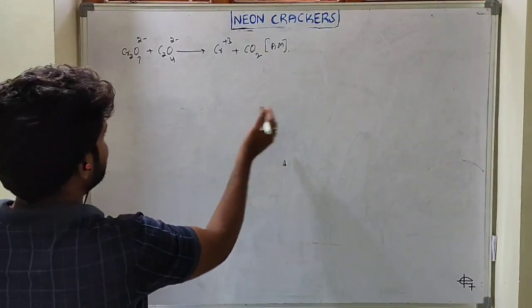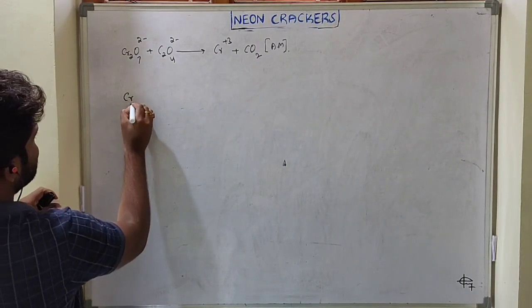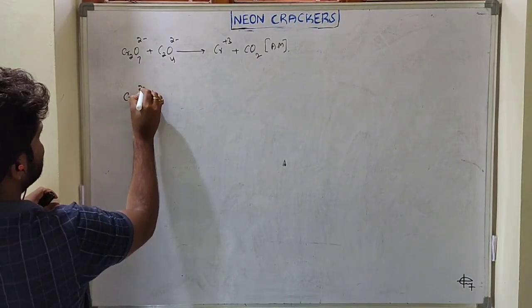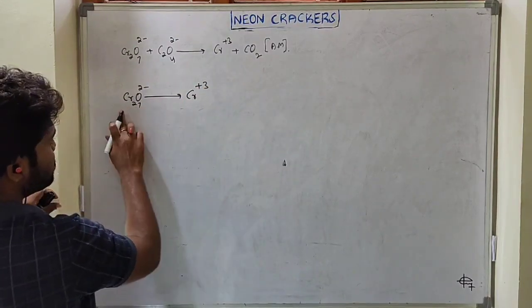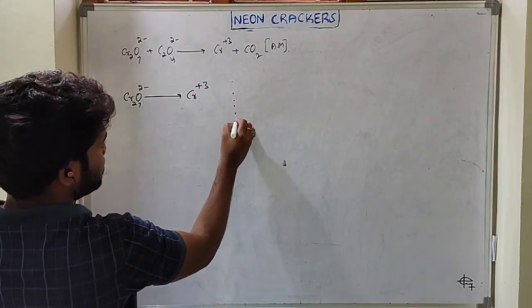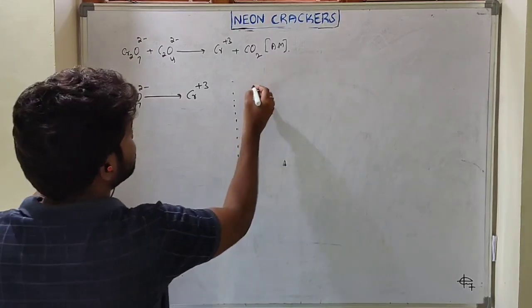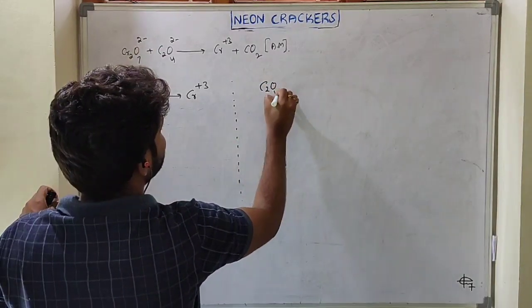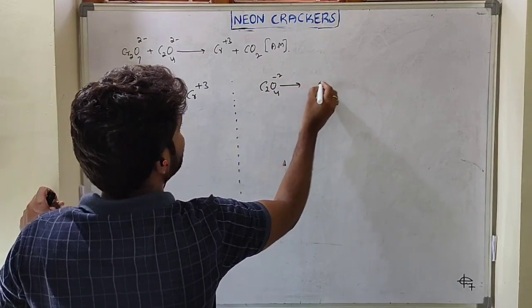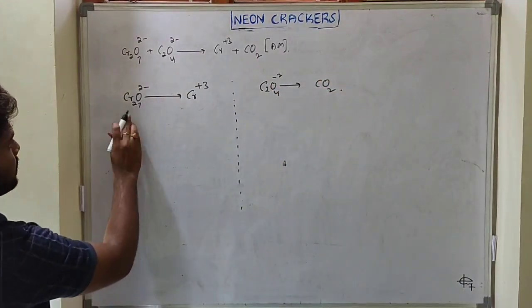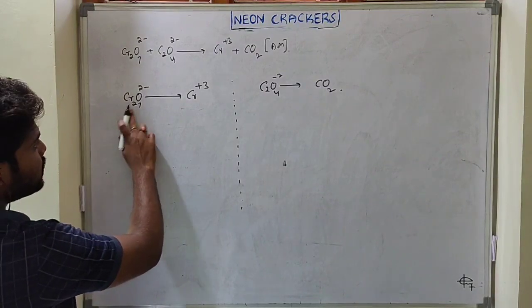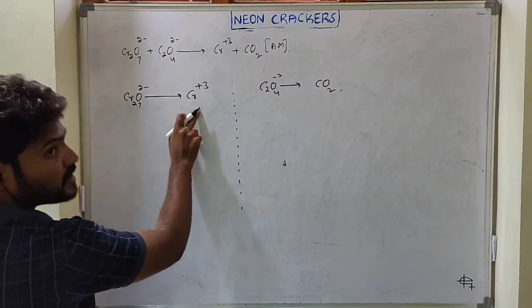So first write the separate equations. Whether it is oxidation or reduction, we write the same number of atoms, chromium and chromium on one side, and oxalate on the other side. The second point is to balance the number of atoms whose oxidation number is changed.